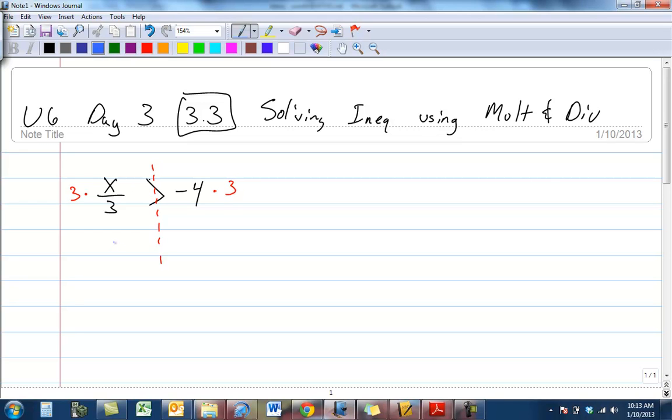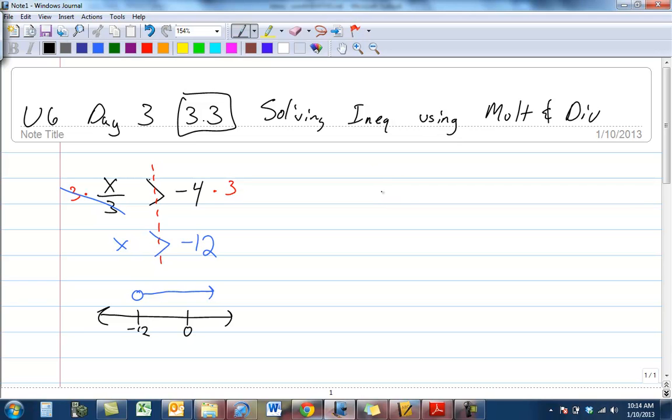And we'd be left with x, because the 3's cancel, is greater than negative 12. Simple as can be, just like we've been doing. And when we graph this, make our number line with 2 tick marks. We got negative 12 and 0. Remember, negatives are to the left of 0. This is going to be an open circle going to the right. There it is. Too easy, right?